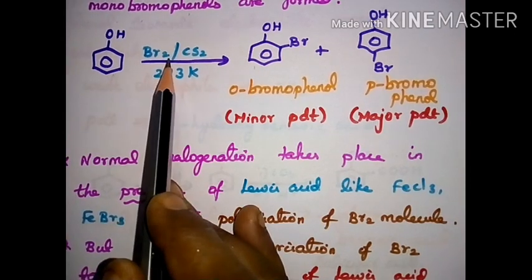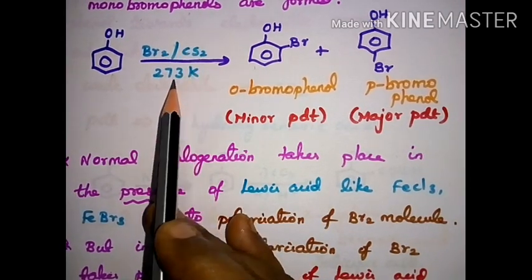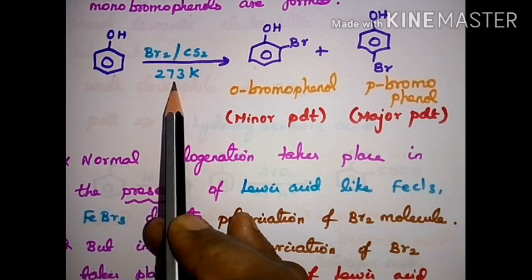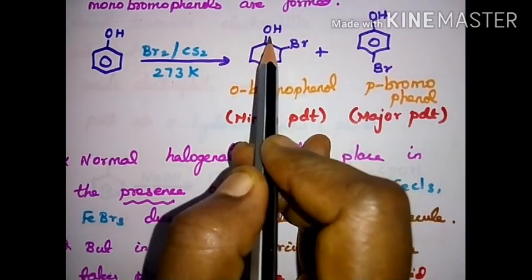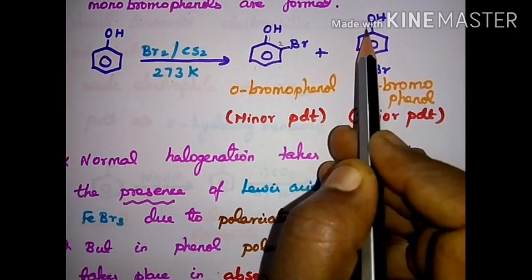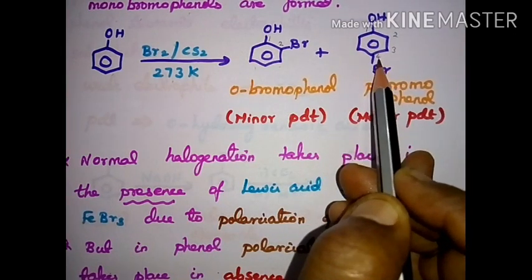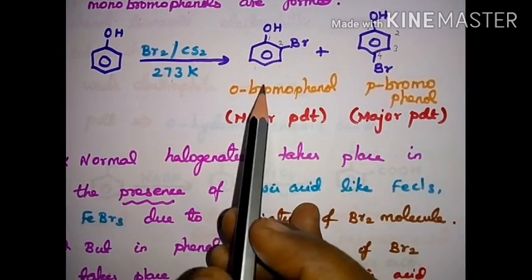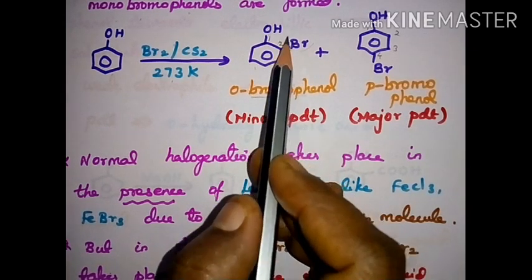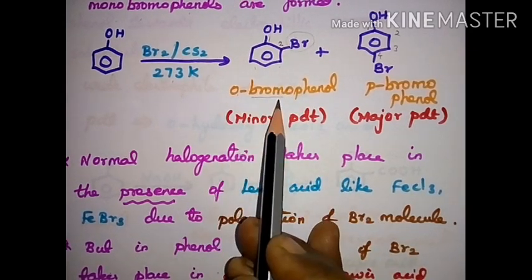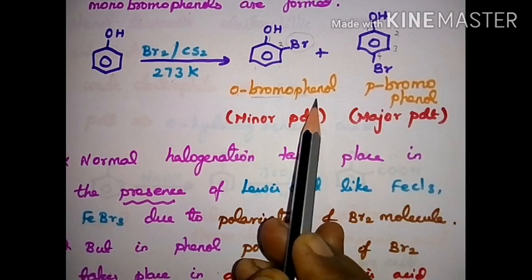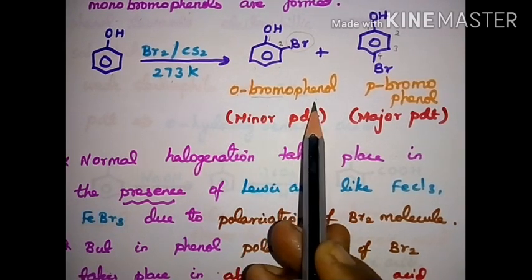This is phenol. Bromine in carbon disulfide, temperature 273 Kelvin. We get two types of products. Ortho is the 1, 2 position, and para is the 1, 4 position. In the ortho position, which one is attached? Bromo. So it is orthobromophenol.